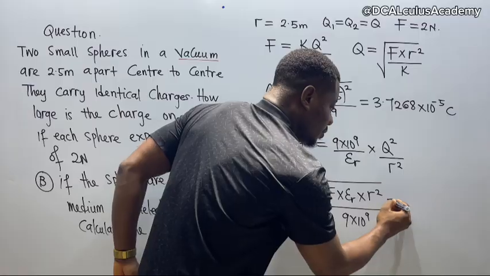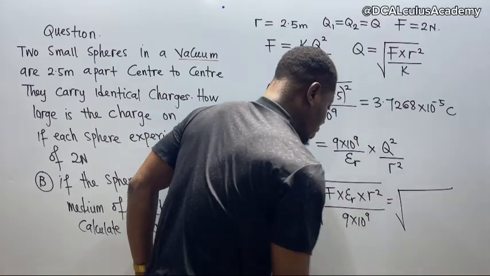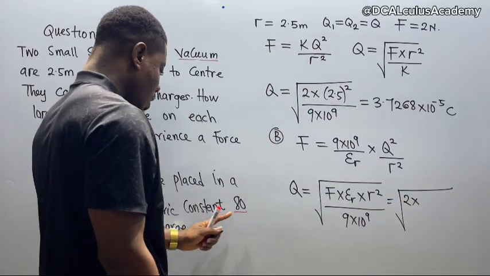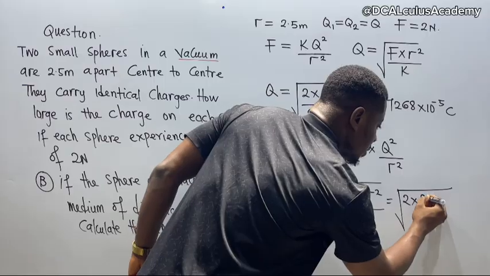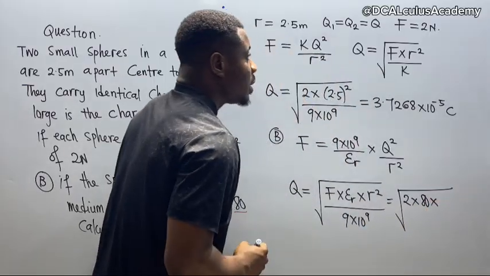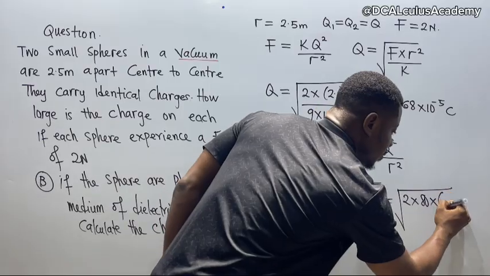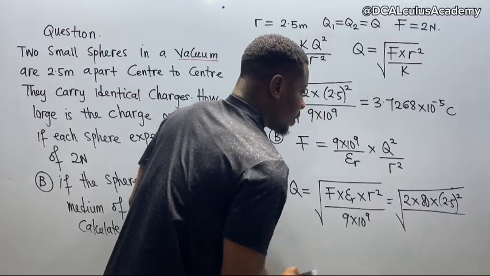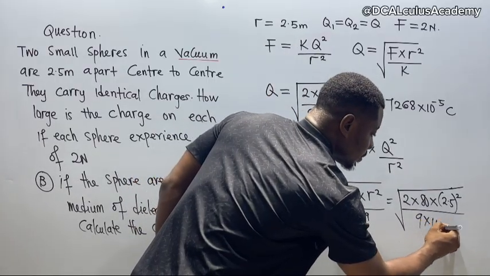Substitute the values: the square root of, our F is 2, epsilon r is 80 from the question, then the distance is 2.5, squared, divided by 9 times 10 raised to the power 9.